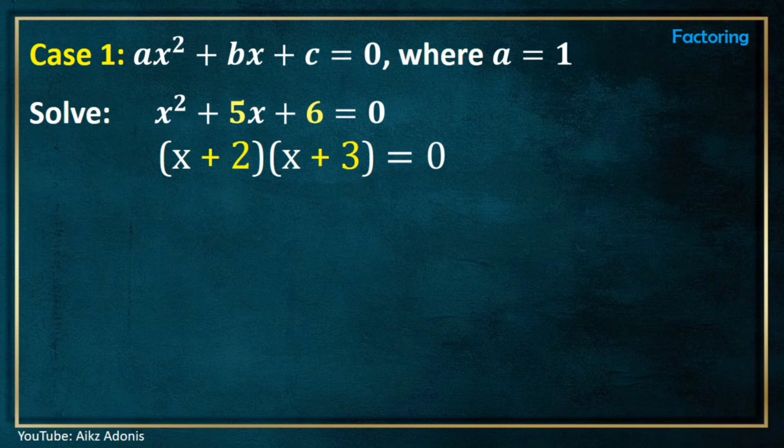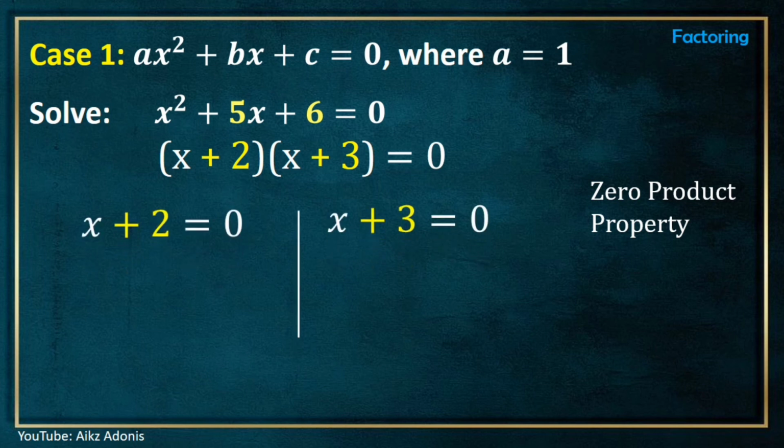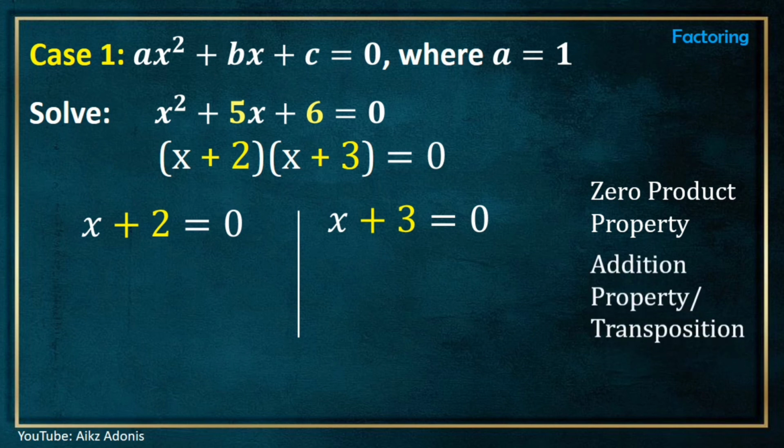To solve for the values of x, we will apply the zero product property of real numbers, or we will simply equate the two factors to 0. So we have x plus 2 equals 0 and x plus 3 equals 0. Now, let's apply transposition to solve for the value of x.